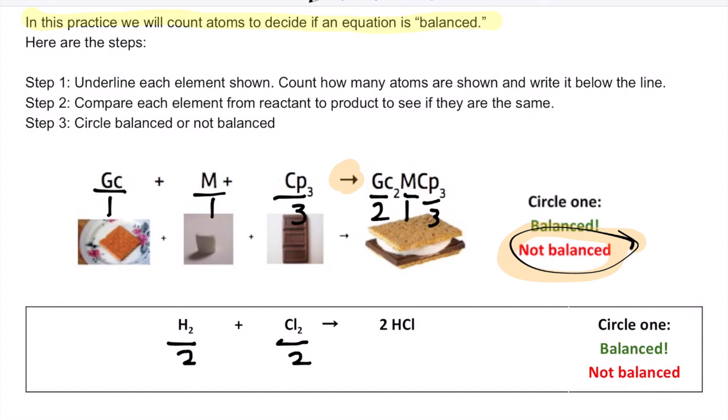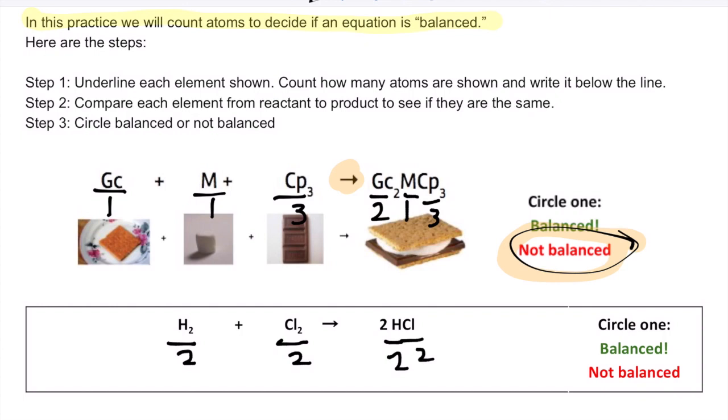And then over here I see H and the chlorine bonded. So I'm going to underline them both separately. So I'm going to write kind of small here. But remember, the coefficient multiplies. So 2 times no subscript for H means there's 2 H. And 2 times no subscript for Cl means 2 Cl.